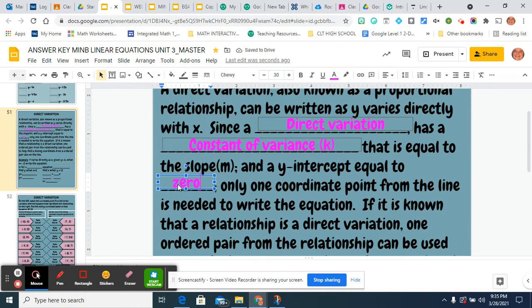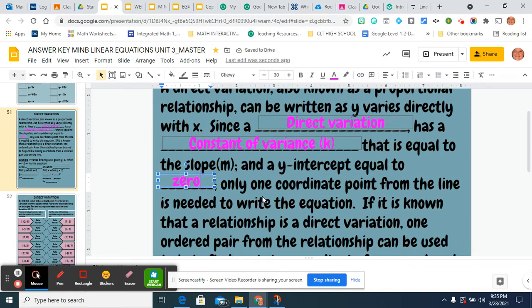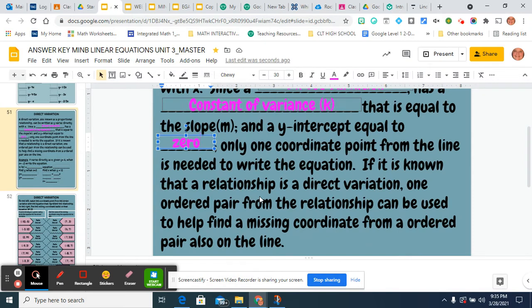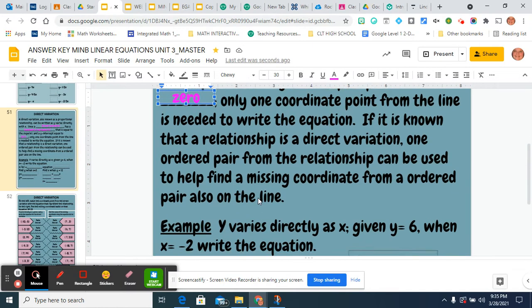So if that's known in the relationship, we only need one ordered pair from the relationship to help us find a missing coordinate from another coordinate pair, or to write the equation. So that's what we're going to do today.